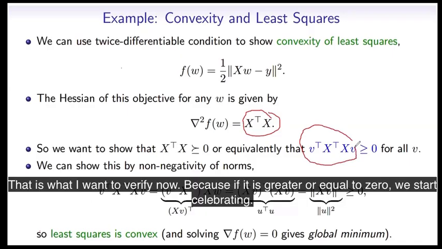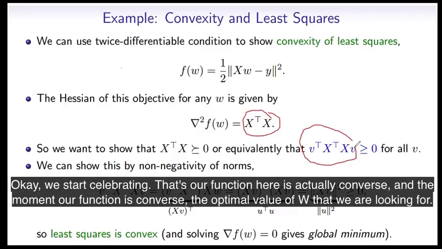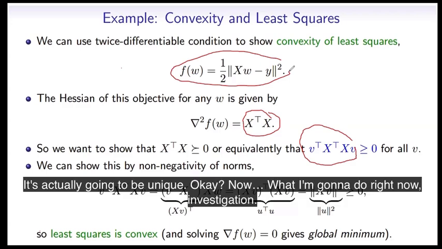That is what I want to verify now. Because if it is greater or equal to zero, we start celebrating that our function here is actually convex, and the moment our function is convex, the optimal value of W that we are looking for is actually going to be unique.